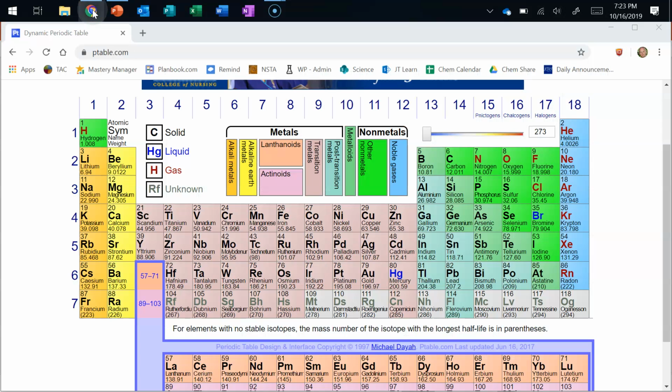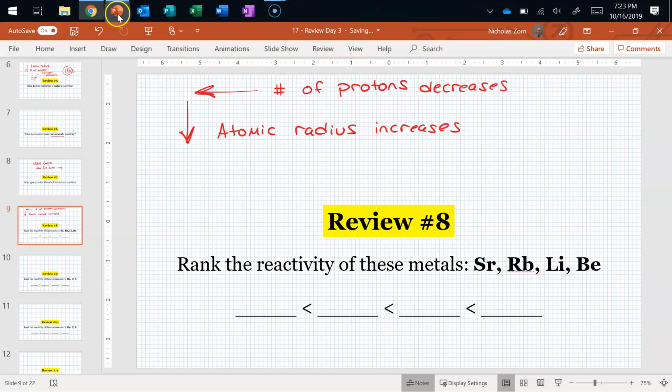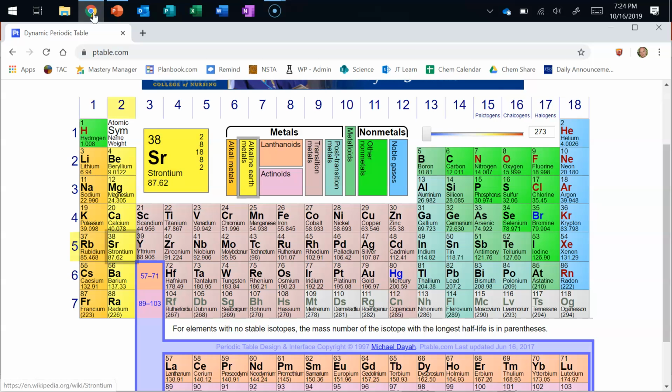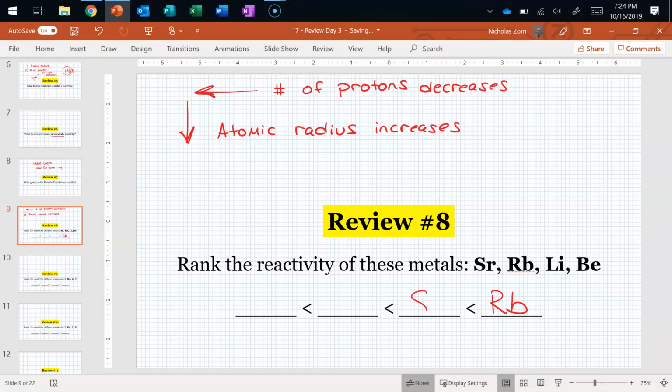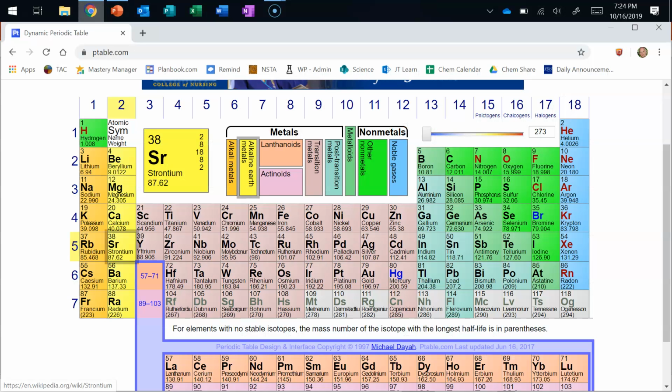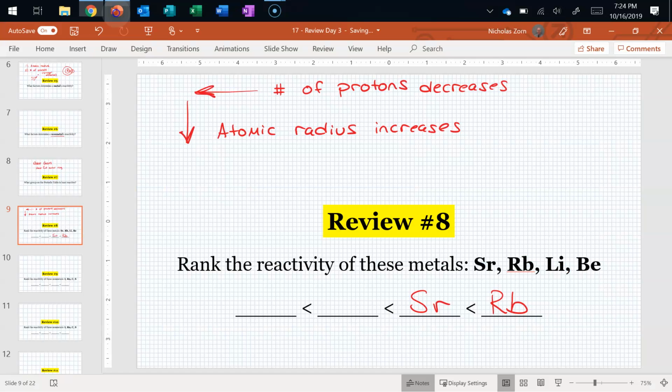If you look on the periodic table, rubidium is furthest to the left and furthest down, so this is going to be the most reactive. Next to rubidium we have strontium, Sr. And then if we go up to the two at the top, lithium and beryllium, lithium is further to the left than beryllium. So it would be lithium and then beryllium, just like that.